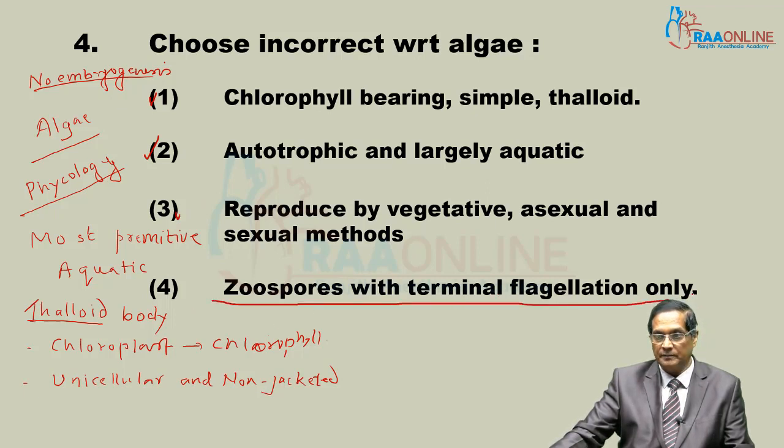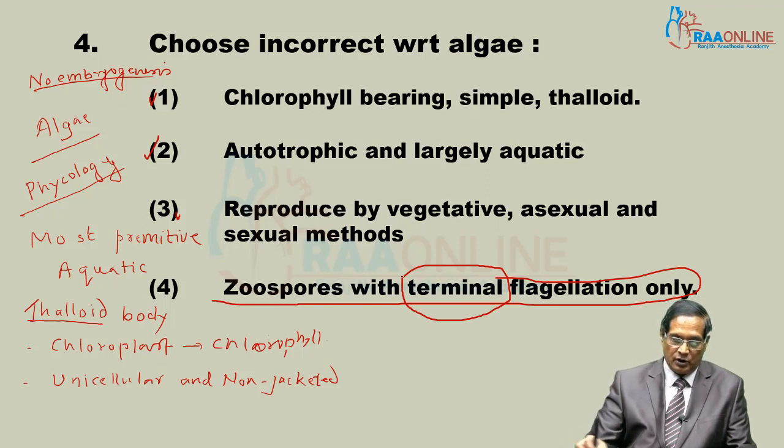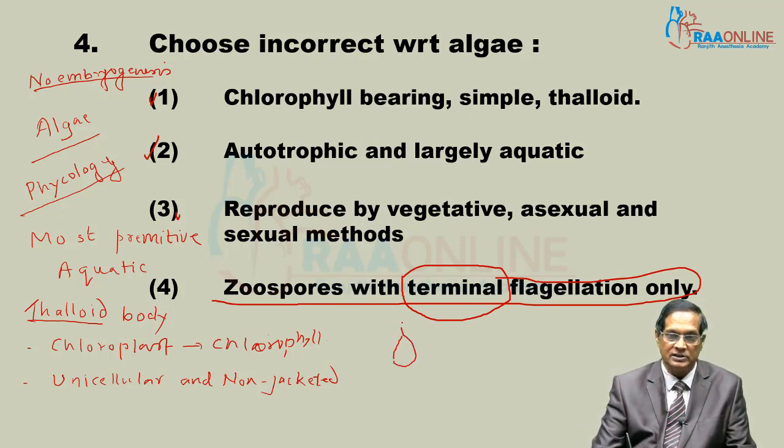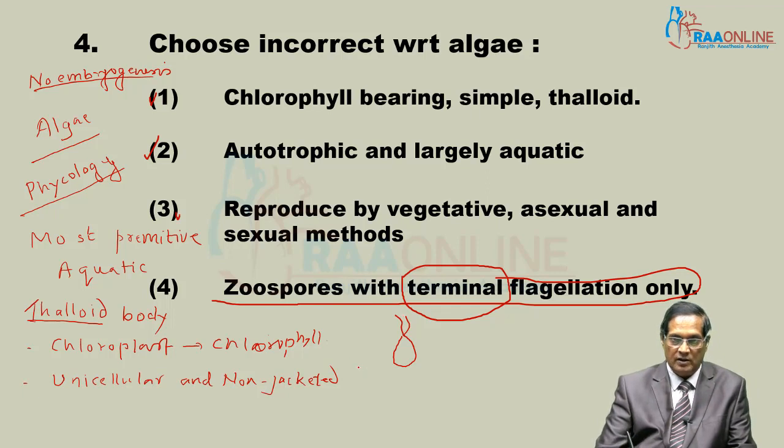This is wrong, because in green algae terminal flagellation is found in their zoospore, whereas in brown algae lateral flagellation is seen.